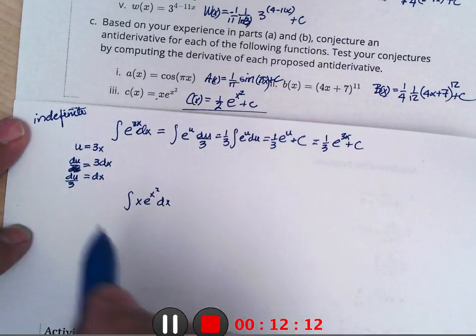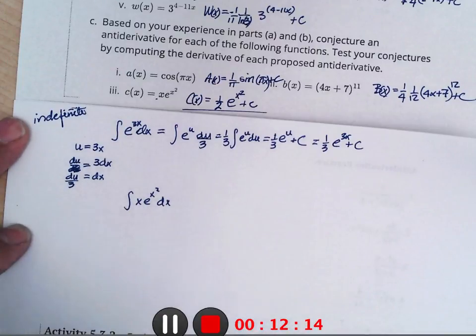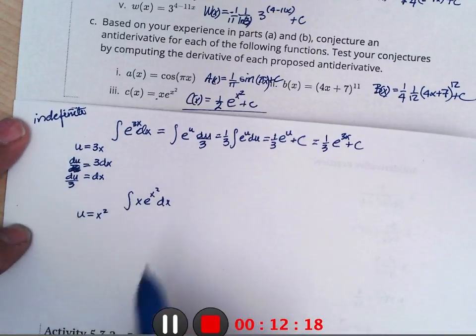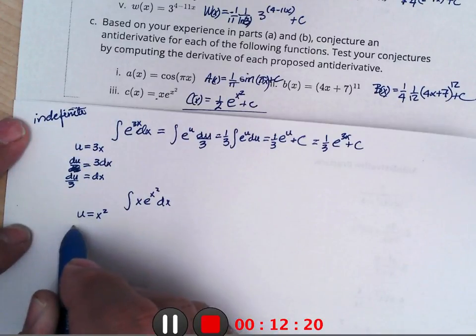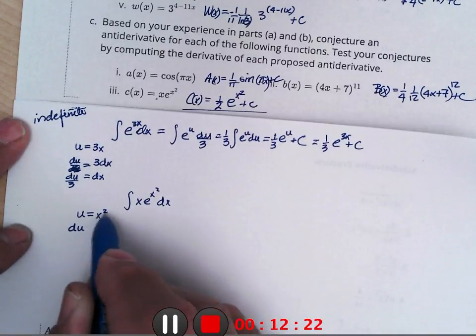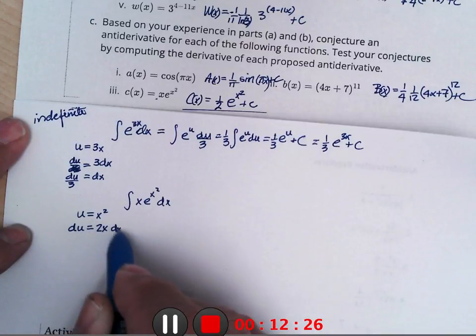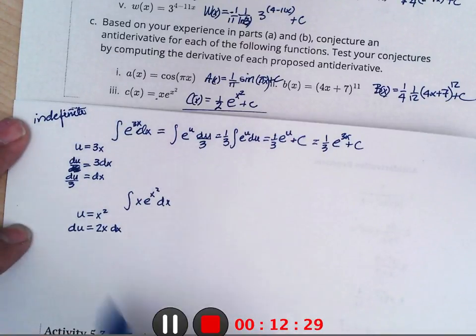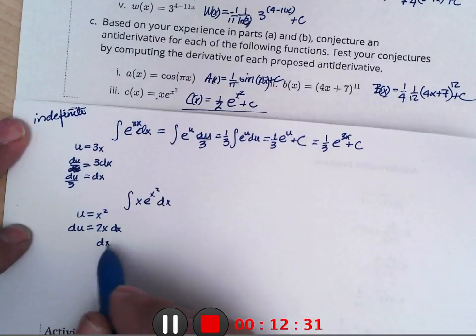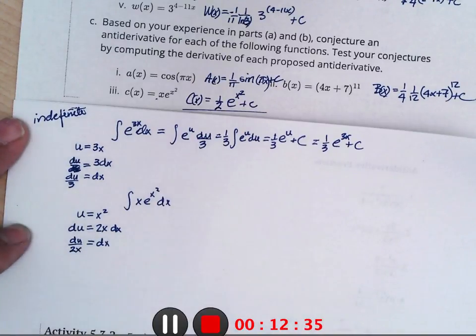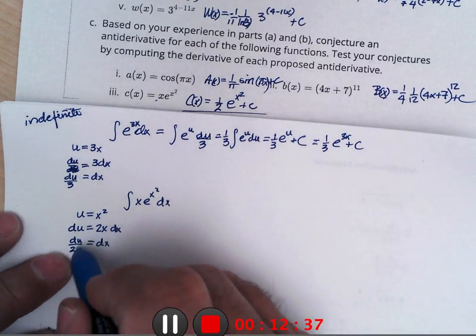Now, this is what I want you to watch. If I let u equal the x squared and take the derivative, this would be du, and the derivative of x squared is 2x dx. Solving for dx, I get du over 2x.